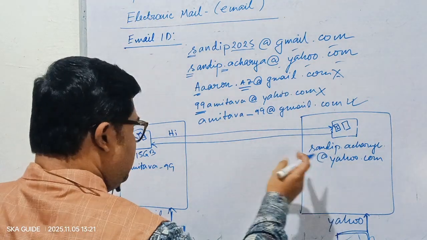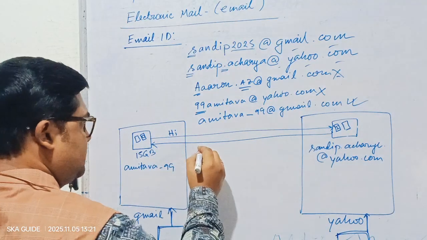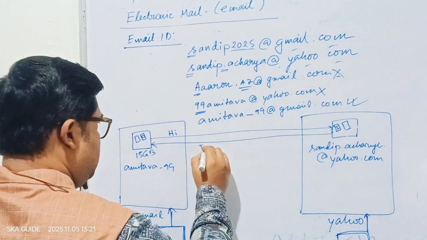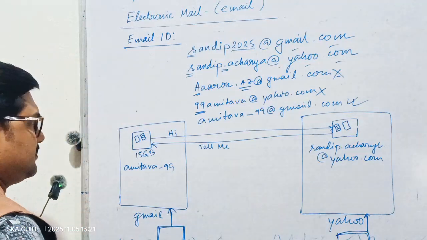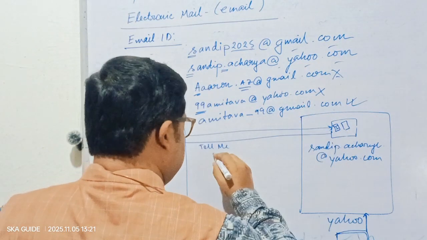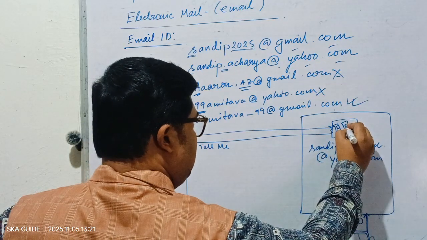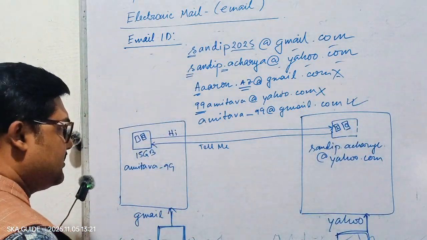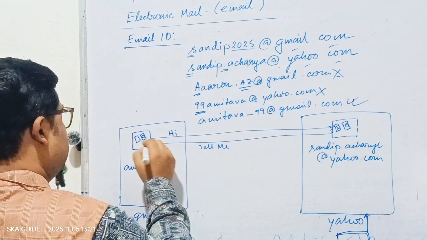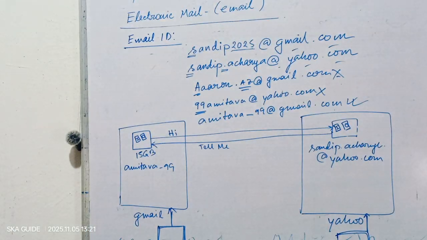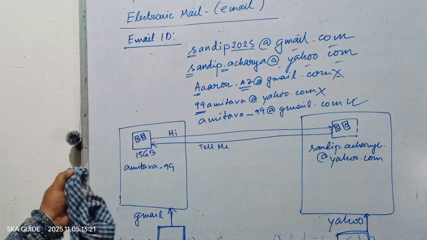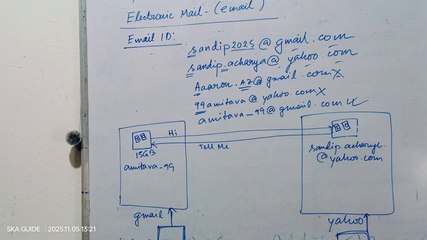If Sandeep Acharya is sending something here, like tell me, okay, then the tell me message is in the outbox of Sandeep Acharya, and it will be in the inbox of Amitabh 99. Right? So like this, these messages are sent and received over the internet.